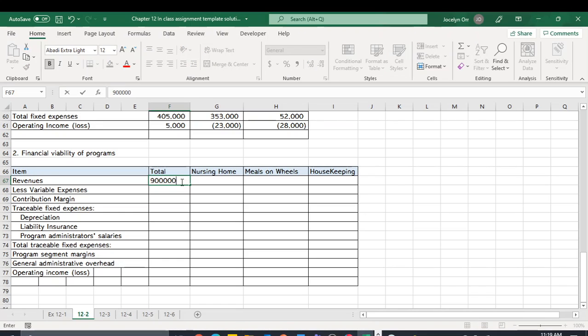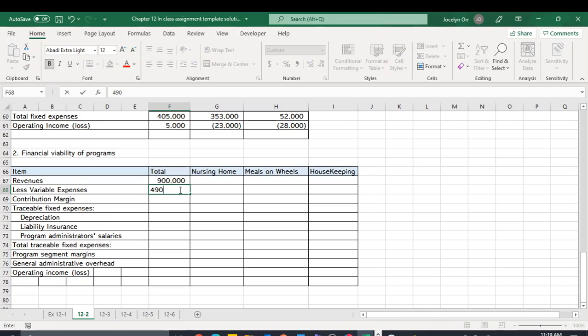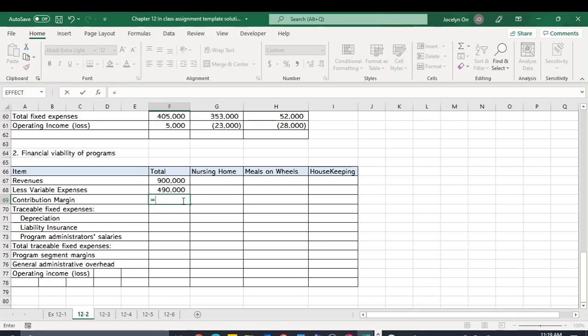So our revenues in total were $900,000. Our variable expenses, $490,000. Contribution margin, difference between the two. So here we're looking at our traceable fixed expenses. So splitting them up depending on the segment. Of course, in total, it's just going to be our total amount.